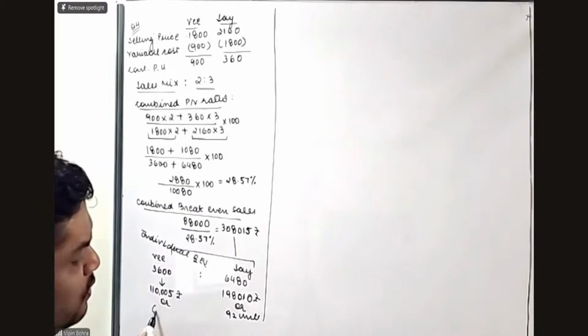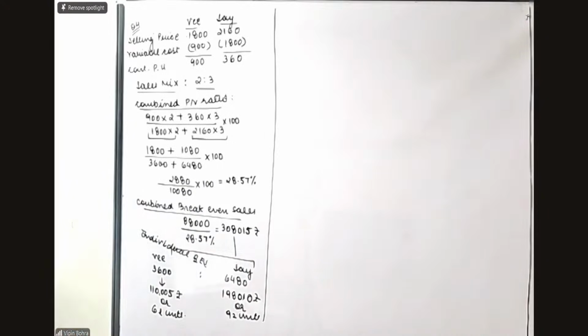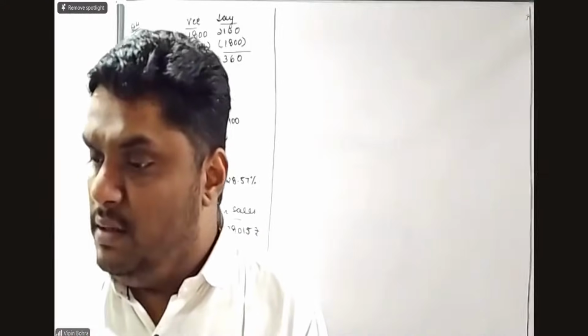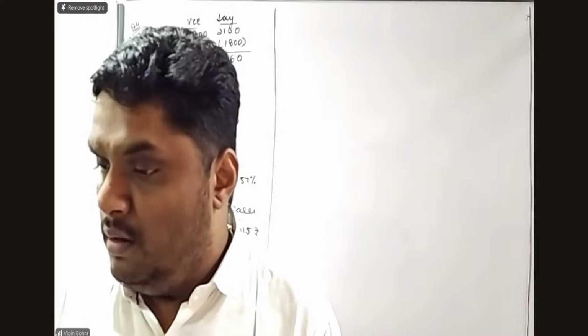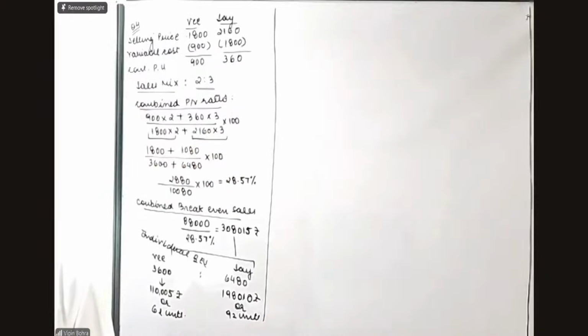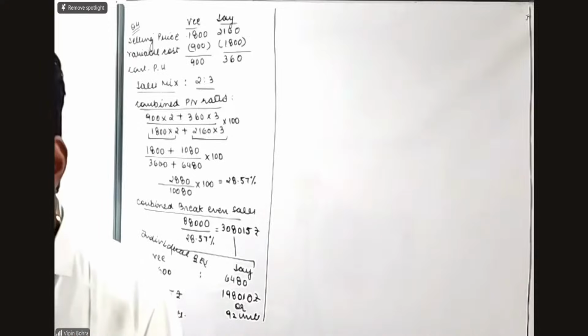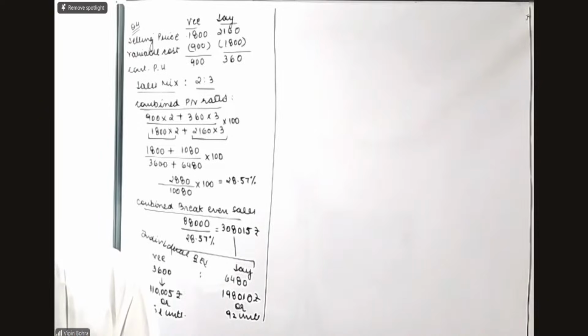This will be 62 units. So this is the way. I hope, Mujahid, now it is visible. Yes, Mujahid, the letters are visible. Okay.